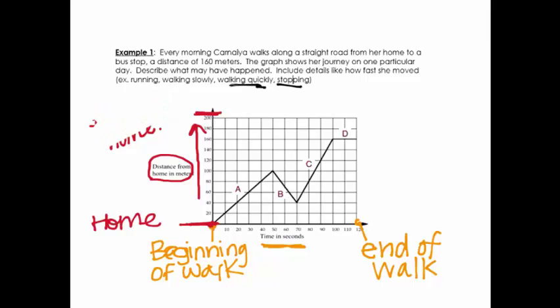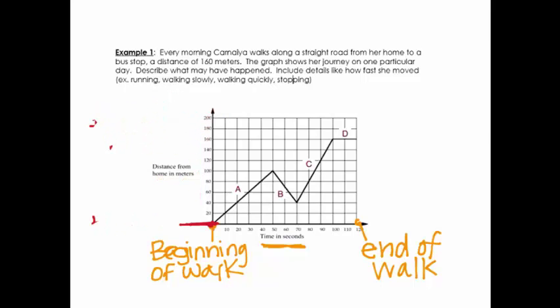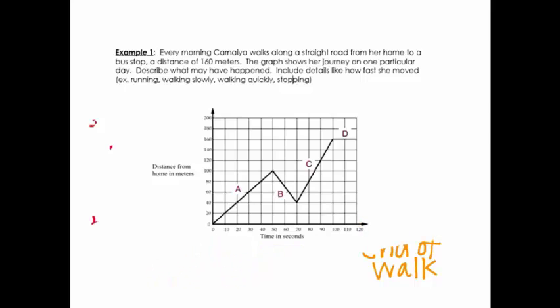I'm going to go ahead and clear my slate here so we have lots of room to write and we can see what's happening. We're going to focus first on this part A of the graph. I'm going to highlight this part blue. So if we look at part A, you should be able to tell a couple of things. First, that time is passing.